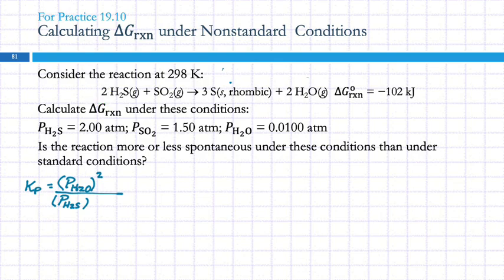The second power, times the partial pressure of SO2. And that's just to the first power. So at equilibrium, these pressures will equal whatever K is. We're not at equilibrium. We calculate Q the same way. It's the same equation.